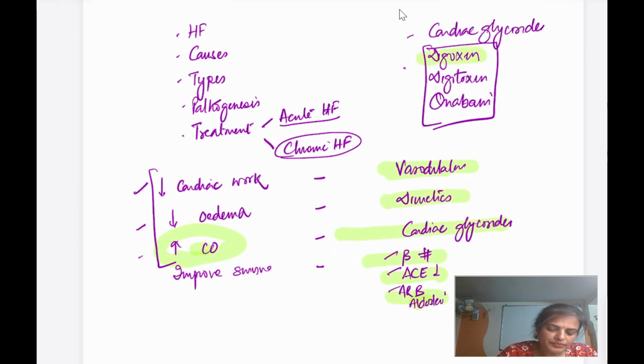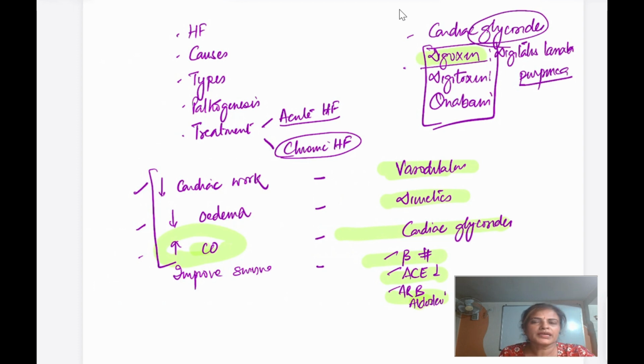Where is it obtained from? Digoxin is obtained from digitalis lanata. This one is from digitalis purpurea.